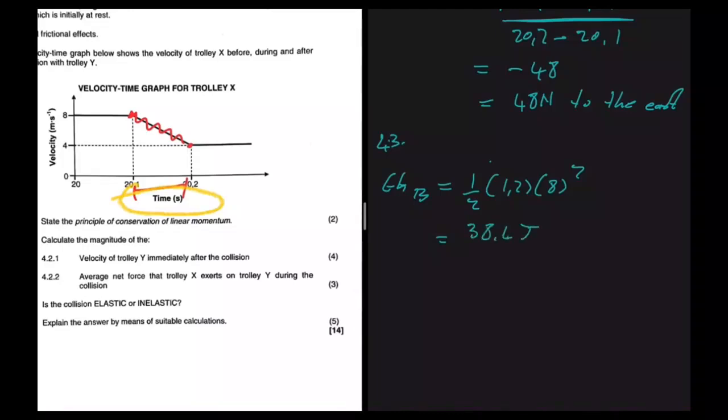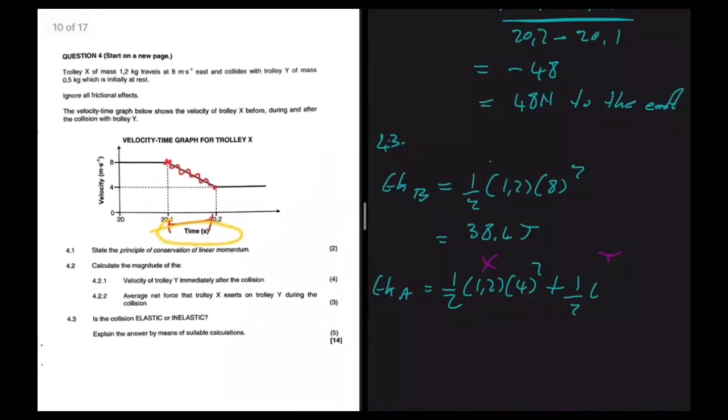38.4 joules, right? And then EK after, now I have 1.2 multiplied by 4 squared, plus this is for our trolley X, right? Plus the EK for our trolley Y. We have the mass, which is what is the mass again? The mass is 0.5, so we have 0.5 multiplied by the velocity, which we calculated, right? 9.6, and then we square that.